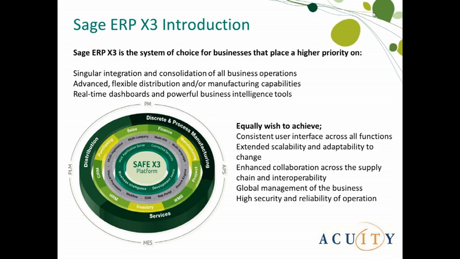So again, as you can see on the right hand side there, if your objectives include the wish to achieve consistent user interfaces across all business functions, extended scalability and adaptability to change, so the company might be evolving and incorporating processes that you have not previously incorporated, or indeed you've got more of a supply chain organization where you require collaboration and interdependence and a lot of interaction and high visibility of information in that process, then Sage ERP X3 would be very well suited to that.